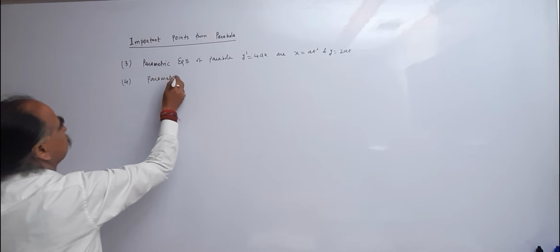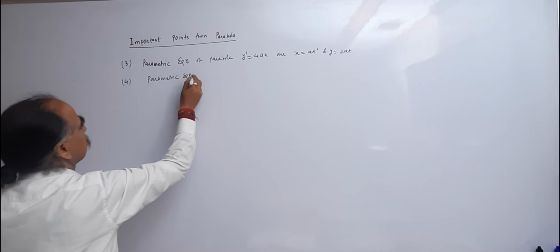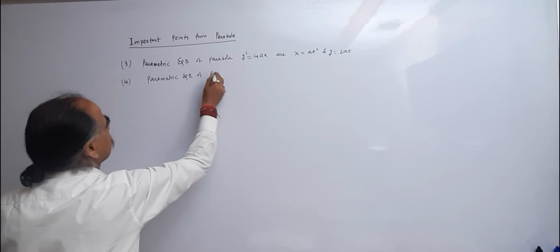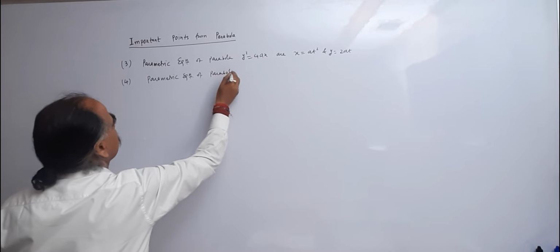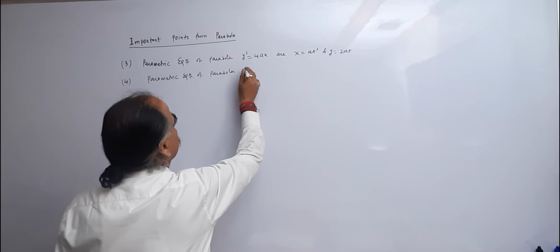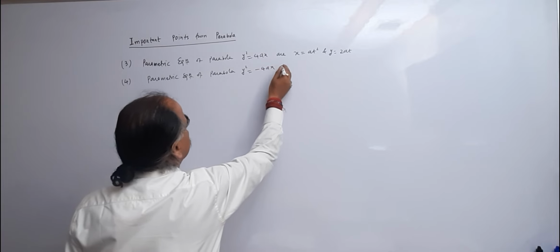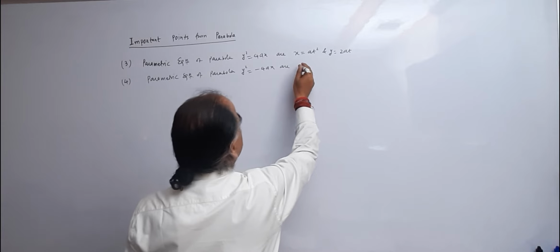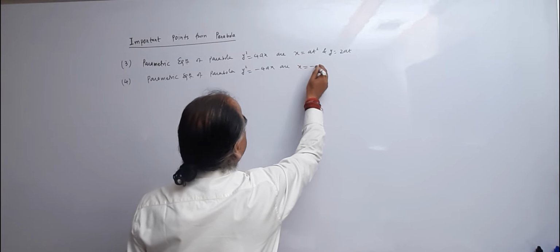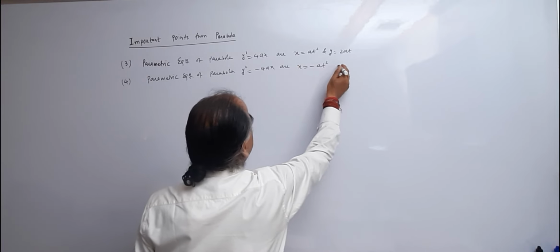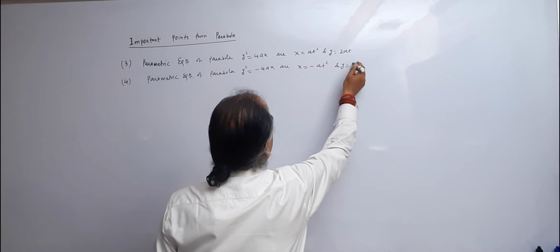Parametric equation of parabola y square is equal to minus 4ax, or x is minus at square and y is 2at.